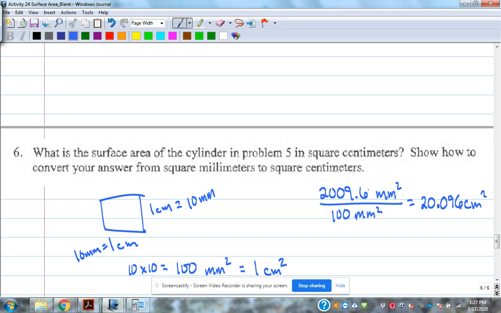There's 2 decimal places divided by 100. So when you're trying to convert to a different dimension, think about, okay, well, how many of those are in the not square dimension, and go from there. So converting by doing that division there is what we did. All right. So activity 24, surface area.